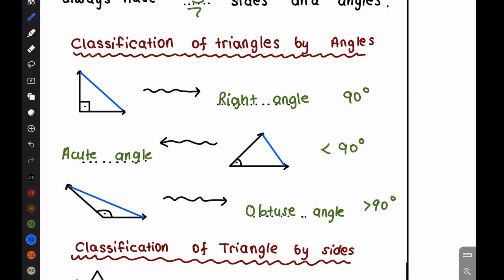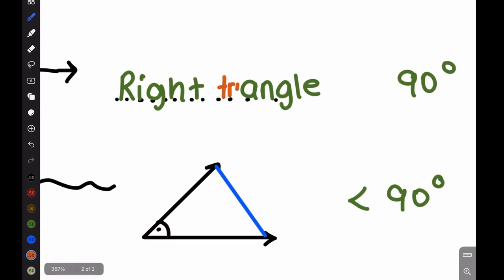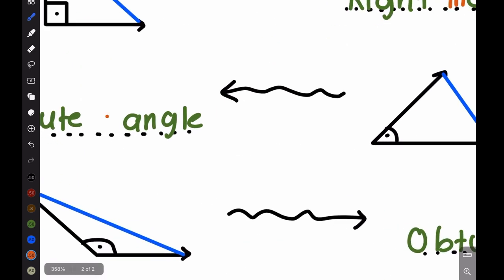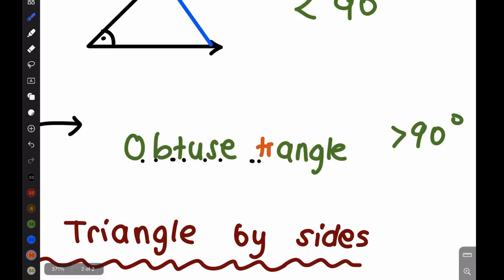And you can guess what these three different kinds of triangles are called. Exactly. The one made from the right angle is called right triangle, and the one made from the acute angle is called acute triangle, and the last one, which is made from the obtuse angle, is called obtuse triangle.